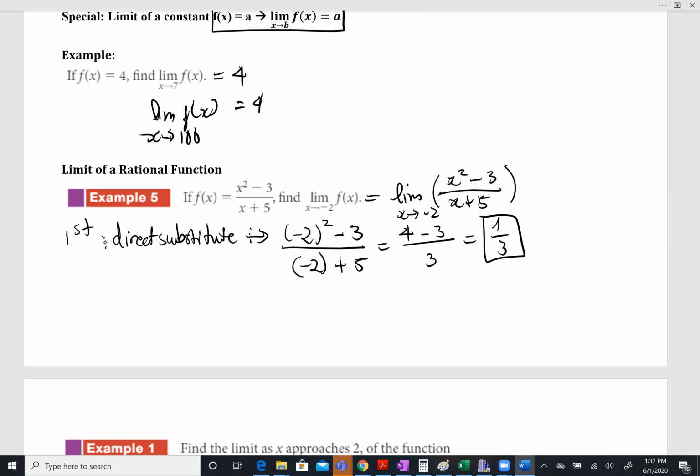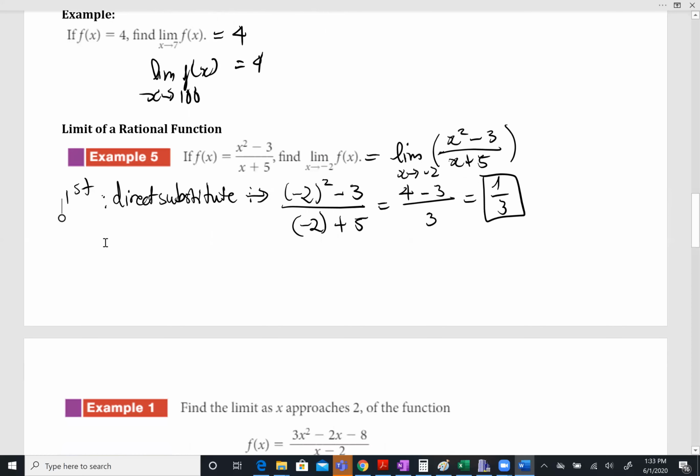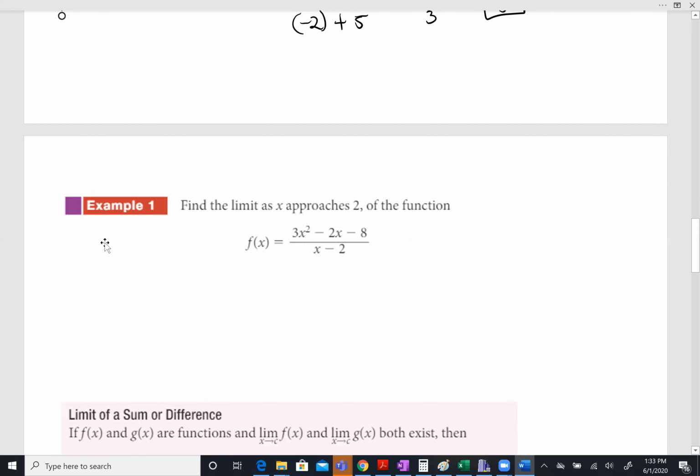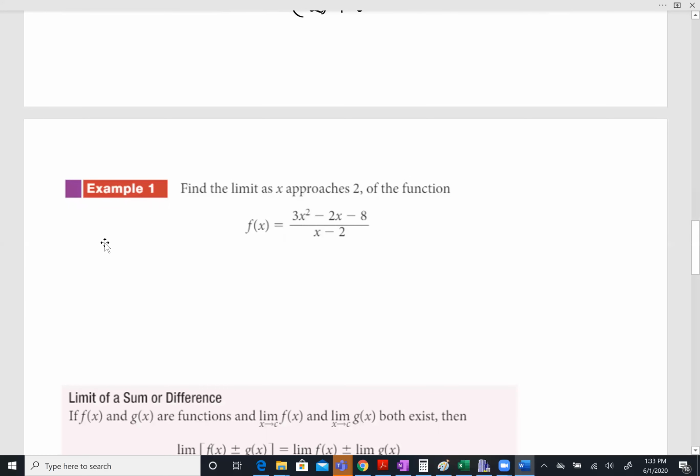In this case, there is no problem after the direct substitution, so you can arrive right away at the answer. Now, what happens if you have a problem? Let's see what that problem is. They want you to find the limit as x approaches 2 for f(x) equal to (3x squared minus 2x minus 8) over (x minus 2).